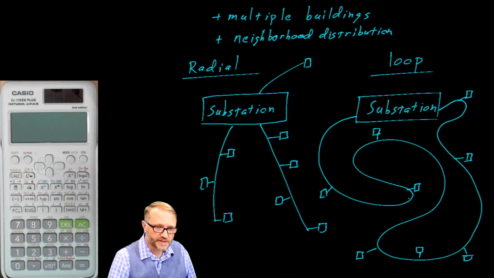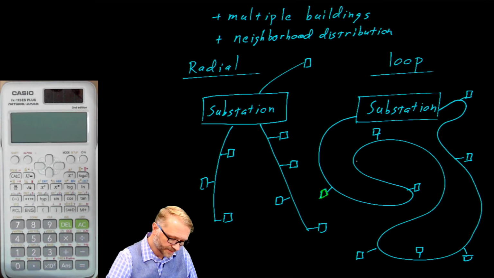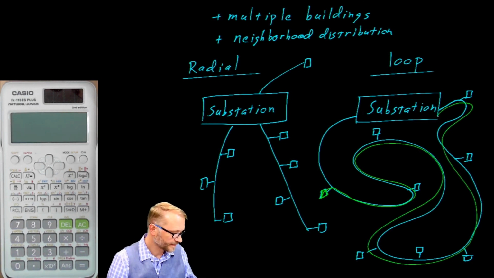The thing to notice is that every user in the loop has 2 paths leading to the substation. For example, this user here could receive power this way, or they could receive it this way. Okay, there are 2 paths.